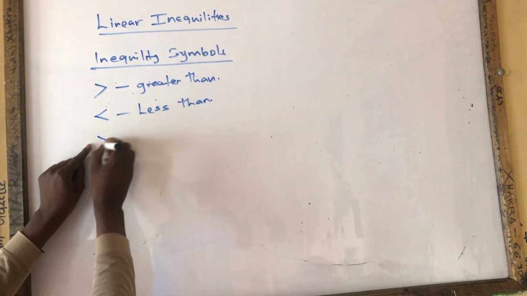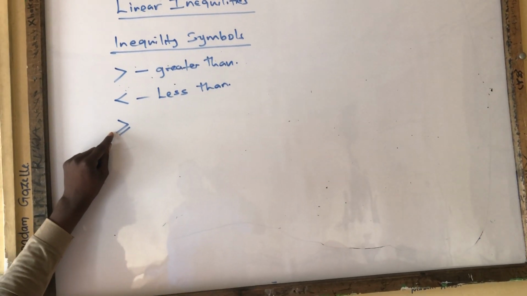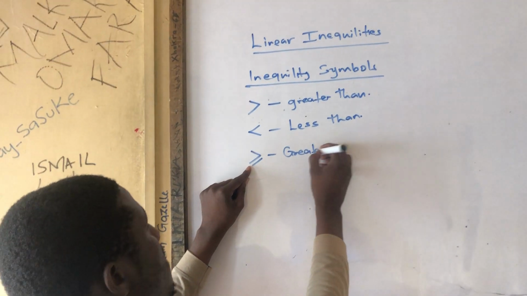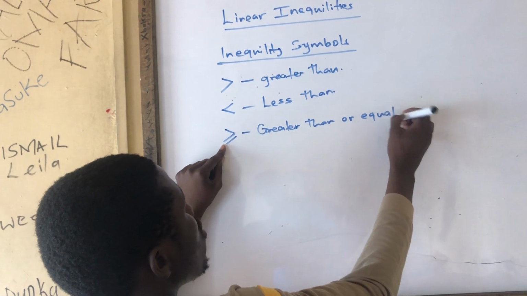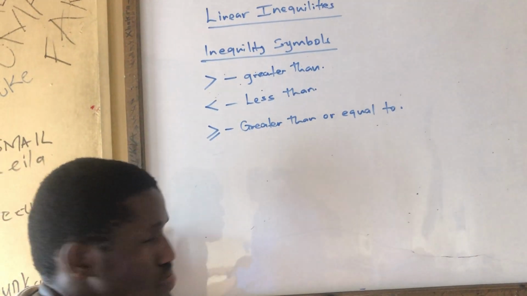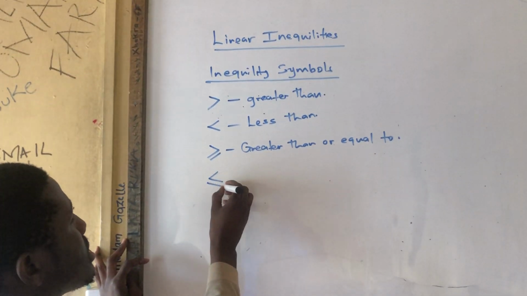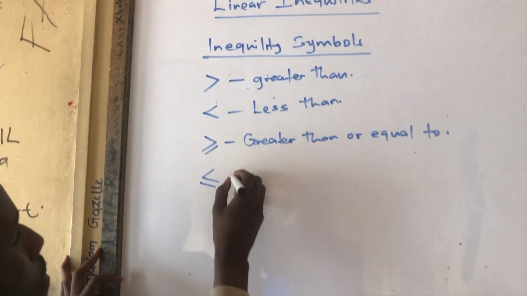Then we have got this other inequality symbol. What does it stand for? It is greater than or equal to. Then we have got the last inequality symbol. What does this one here stand for?